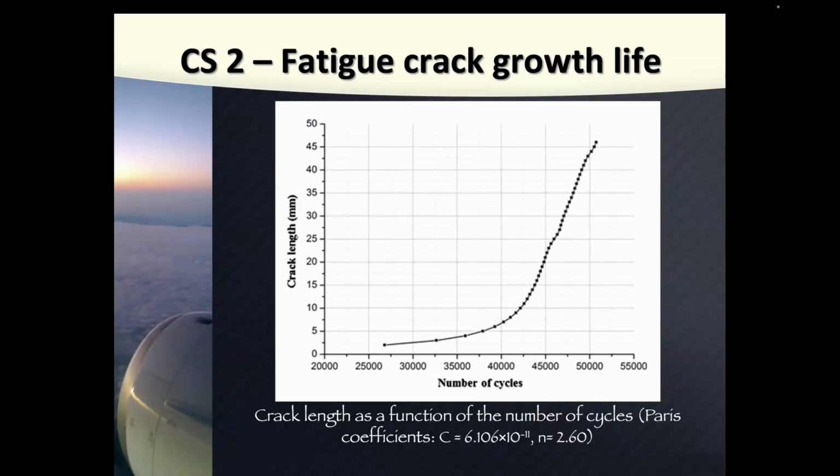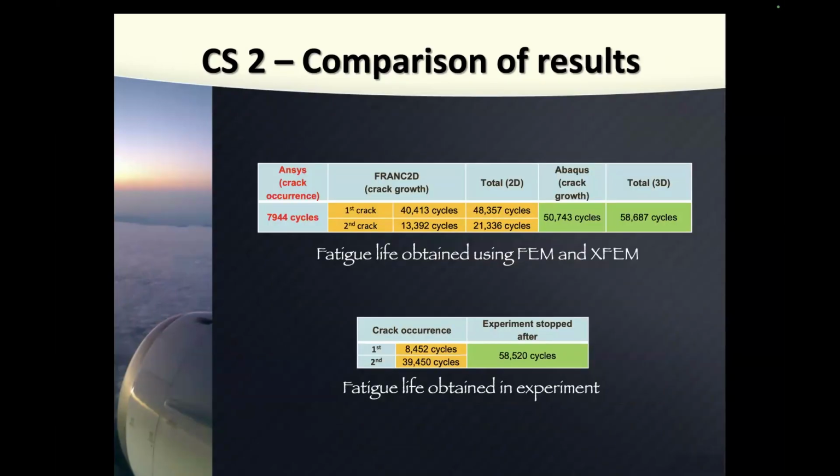No, in this case, I use the Paris equation because at that time I still couldn't apply that and get coefficients. I mean, I use coefficients which I took from the literature. I must be honest here. We didn't do our own experiment, but we got a number of cycles which is very close to the experiment.